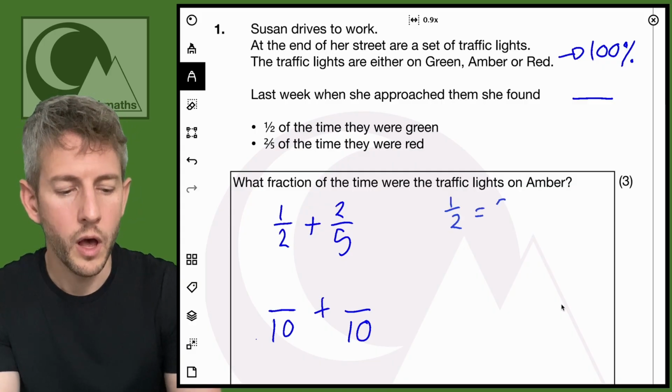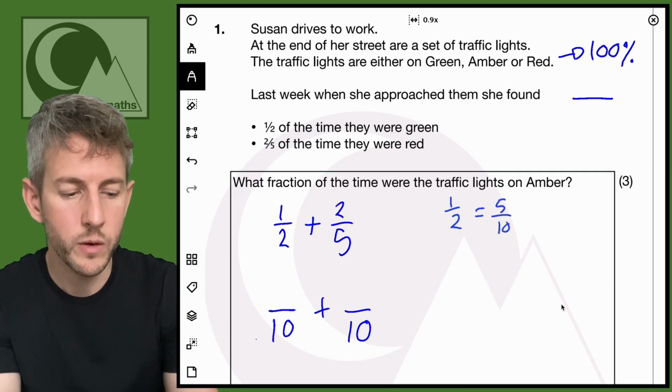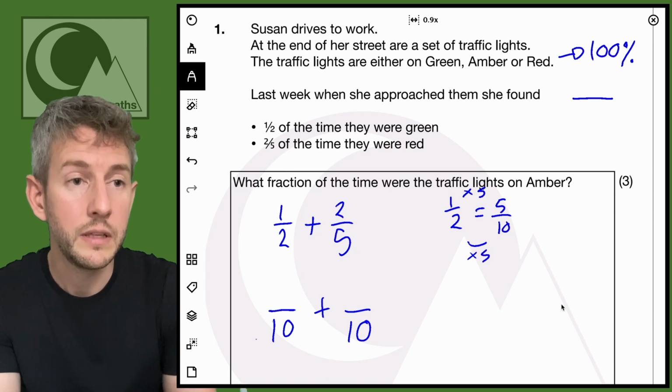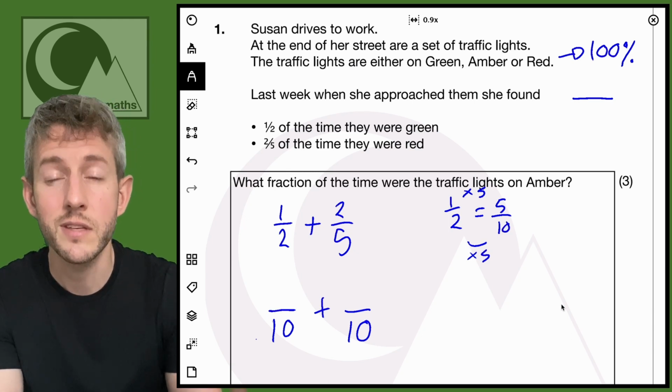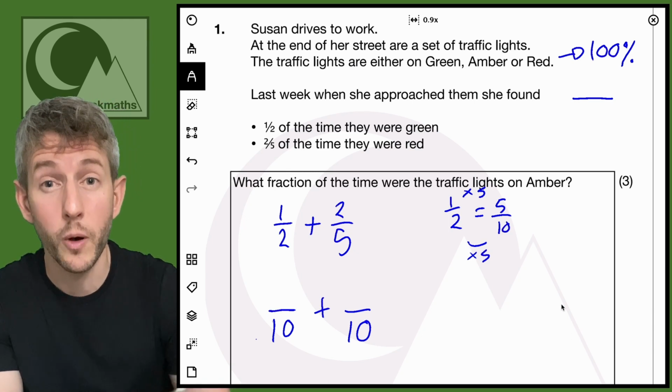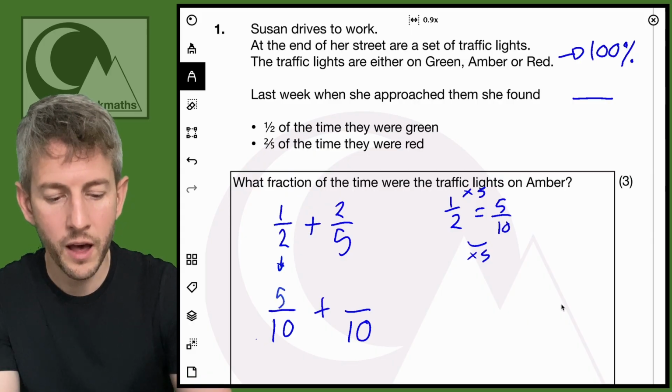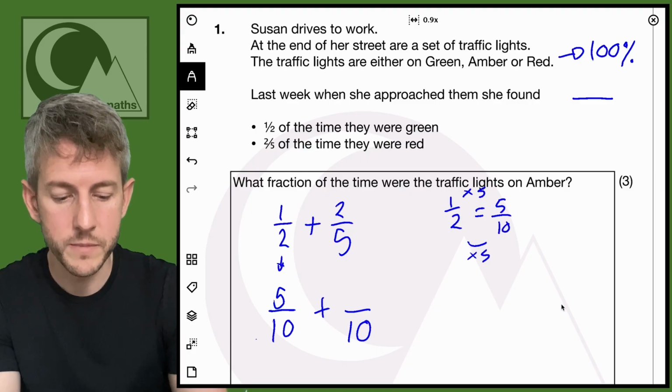So I know that 1/2 equals 5 out of 10, and that's because I've times the top and the bottom by 5. Okay, remember, with equivalent fractions, as long as we multiply the tops and the bottoms by the same thing, then that's fine. So I know that that half here becomes 5 out of 10.